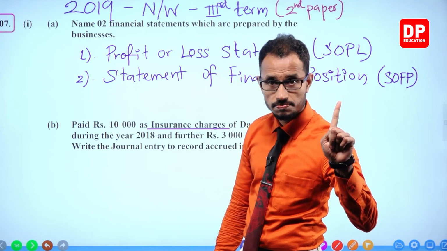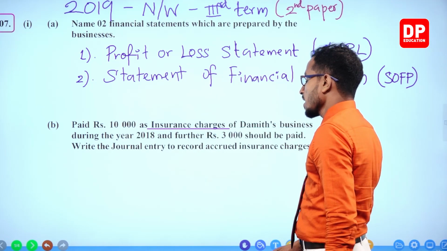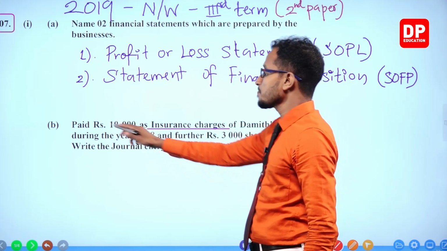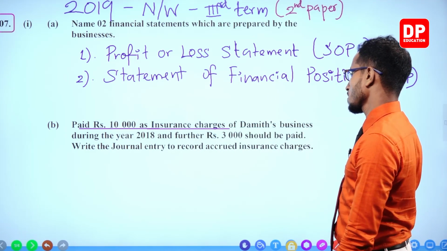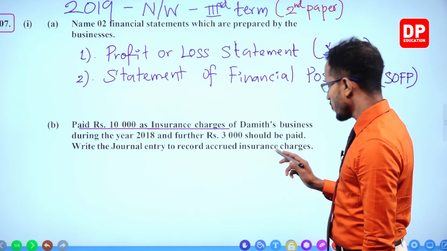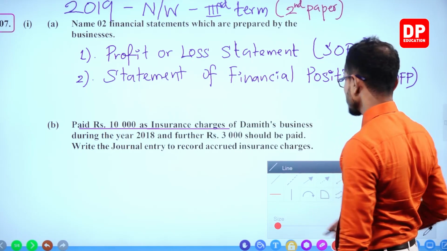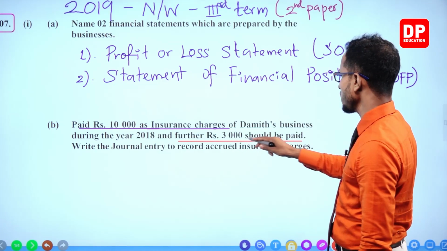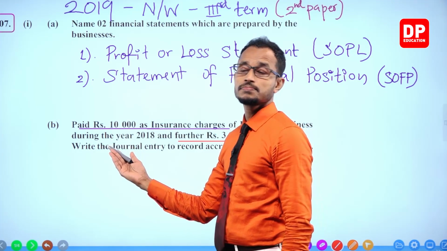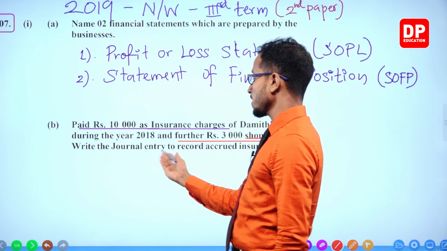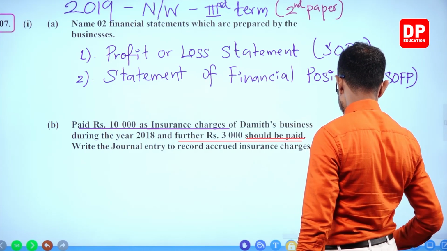So, this insurance charges had been paid, 10,000 by Damit's business. And further 3,000 is accrued, not yet paid. See, further 3,000 should be paid. What are they asking? Write the journal entry to record accrued insurance. Oh my God.